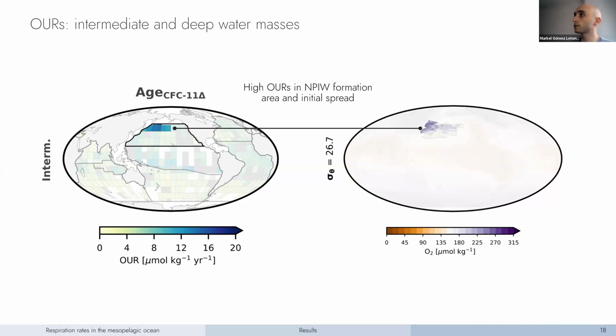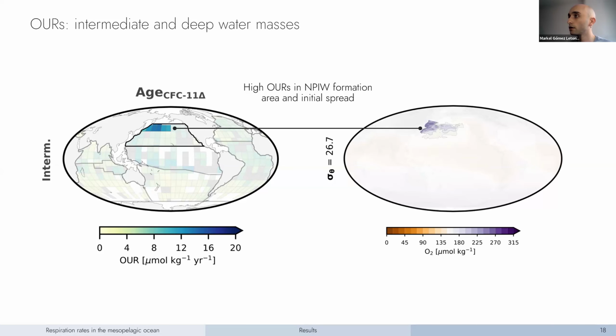And then as this water mass spreads towards the rest of the North Pacific, again, this organic matter pool would get utilized and the organic matter pool as a whole would become more recalcitrant. And this would come along with, again, reduced respiration rates within this water mass.